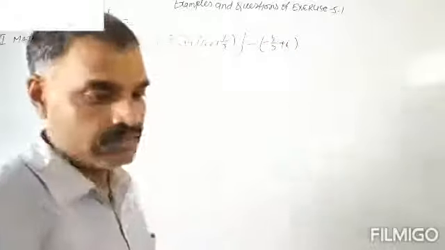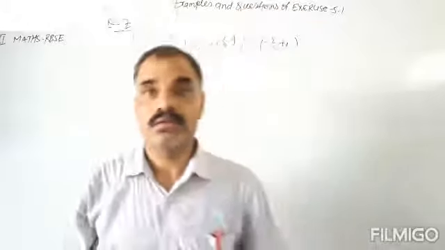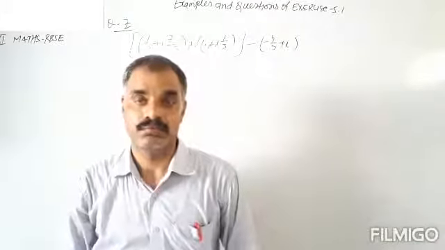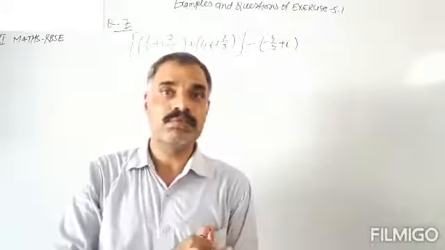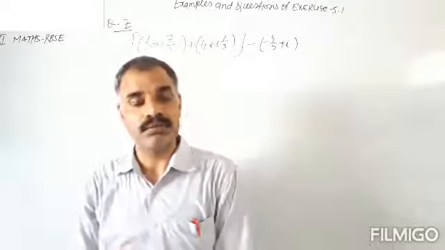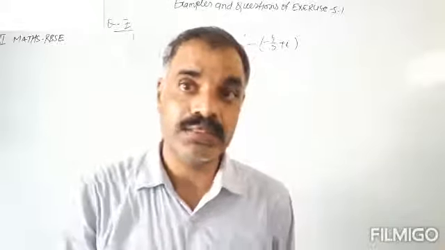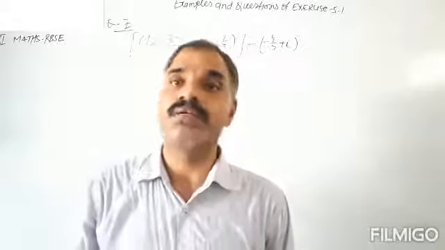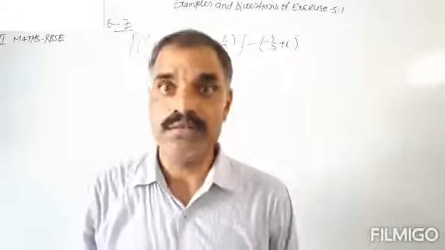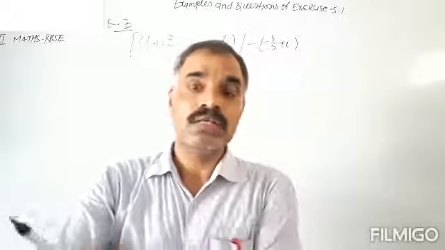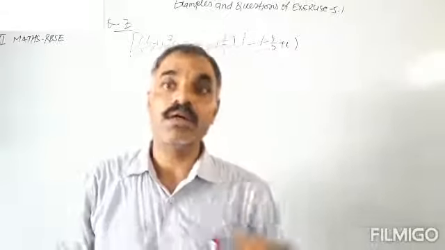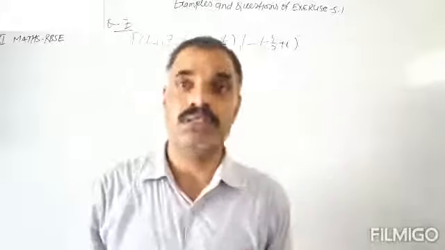So this is the addition of two complex numbers and the difference of the third complex number. Now we want to put this in standard form a plus iota b and find the values of a and b. Easily we can do this, as we have already done so many examples and questions.